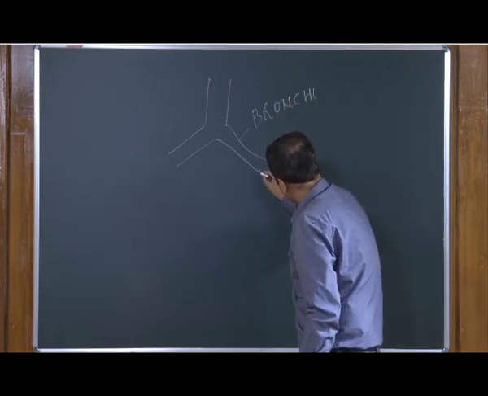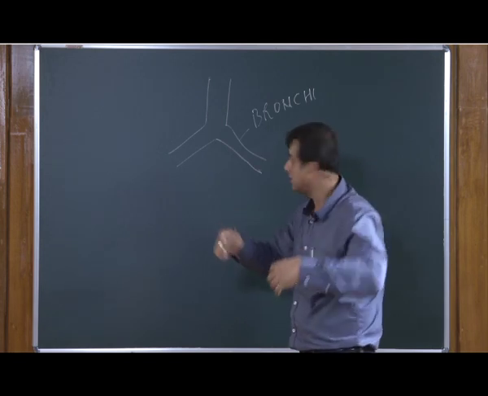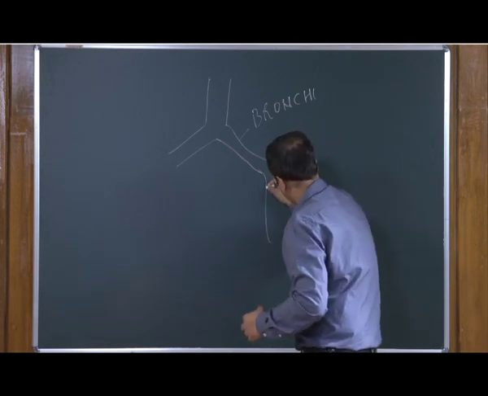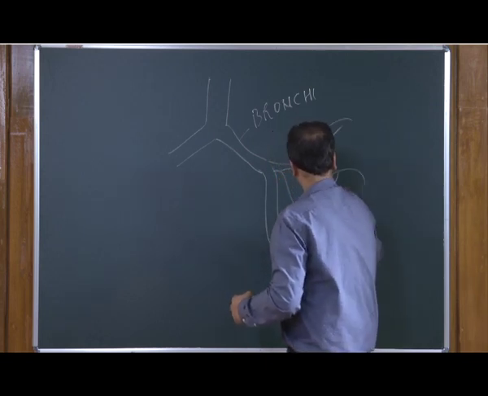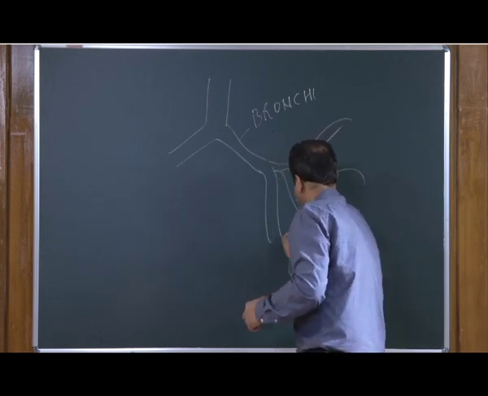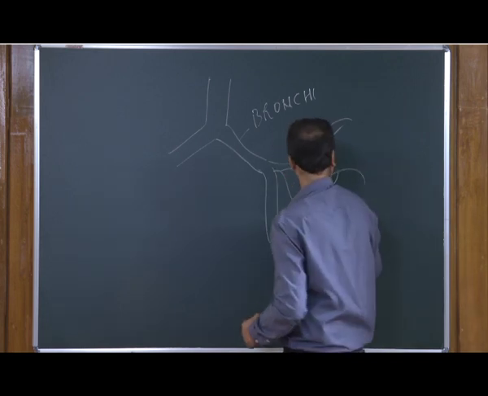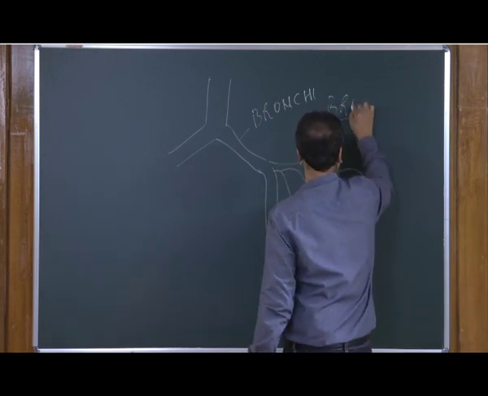Now these bronchi are basically branching out into smaller ones, so there are many branching patterns. So many branches are there, and this branching pattern is called bronchioles.